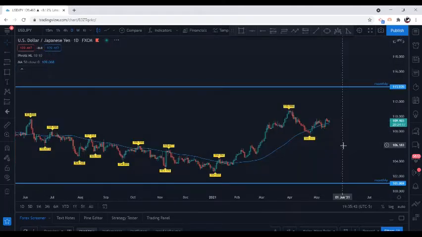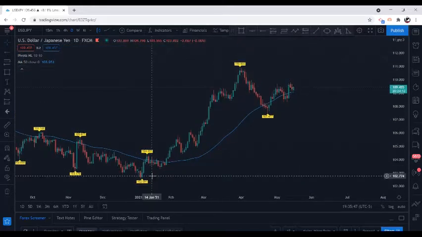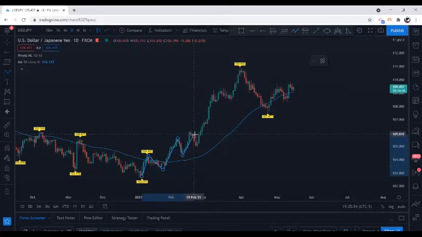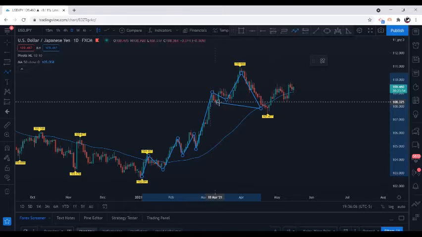So we just go on to our daily. Right now we can see that price has been trending up, making higher highs and higher lows, so we know that price is in an uptrend. However, this sell-off broke below this level of support, which can indicate weakness.